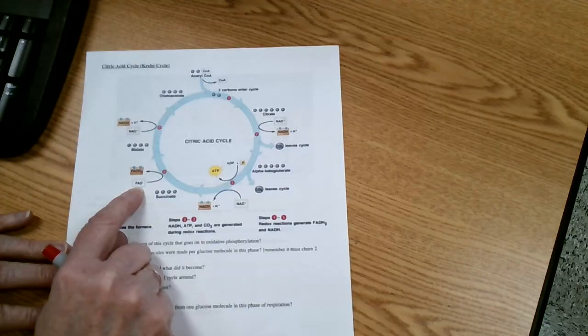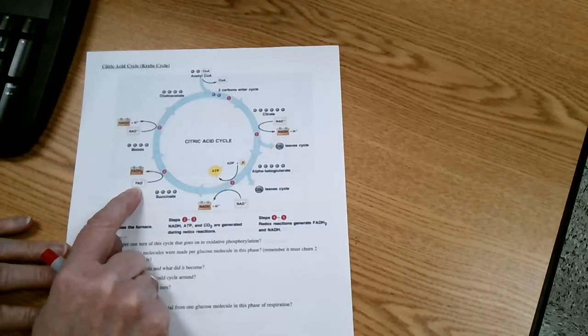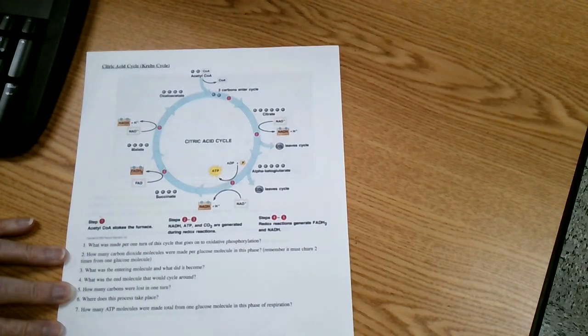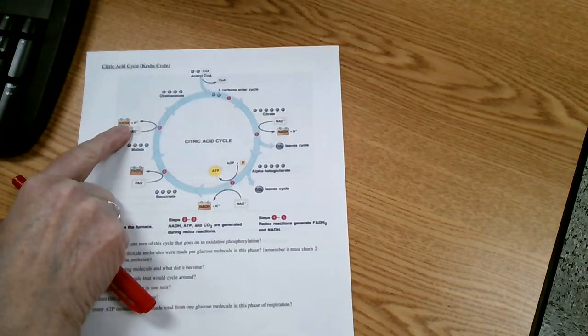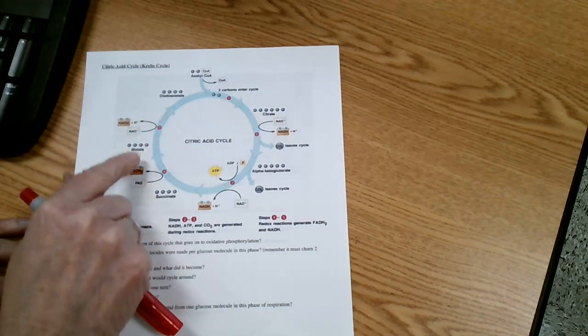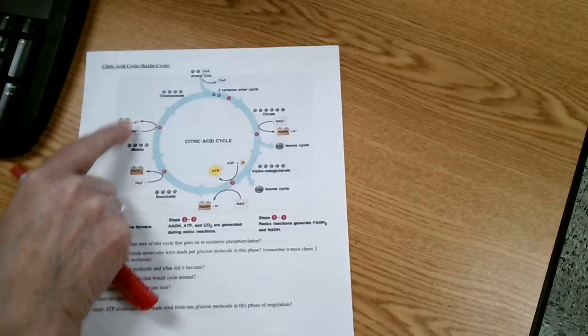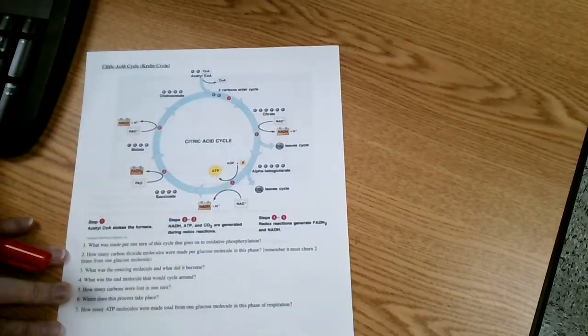Okay, succinate, here goes another electron carrier called a FAD. It's not as powerful as the NADs, but it still is going to carry electrons to the final step. And notice no carbon dioxide is lost, no ATP is produced, so this is why we remain at 4 carbons, and we stay at 4 carbons when 1 more NAD goes through.